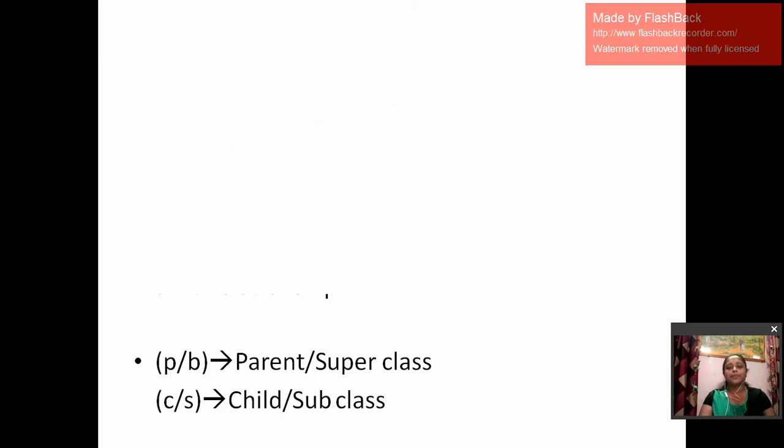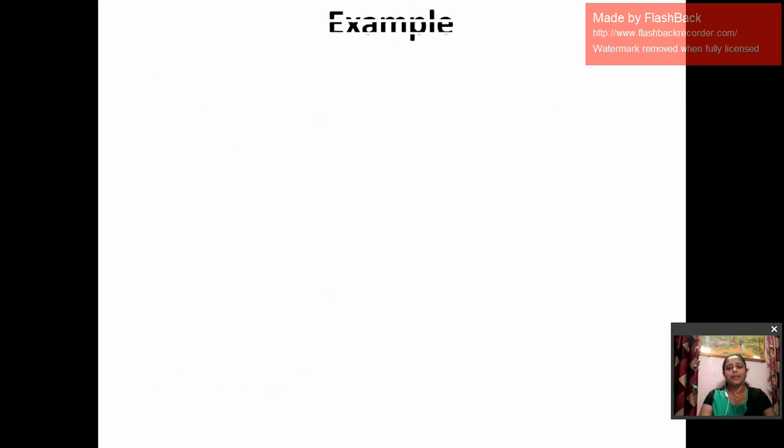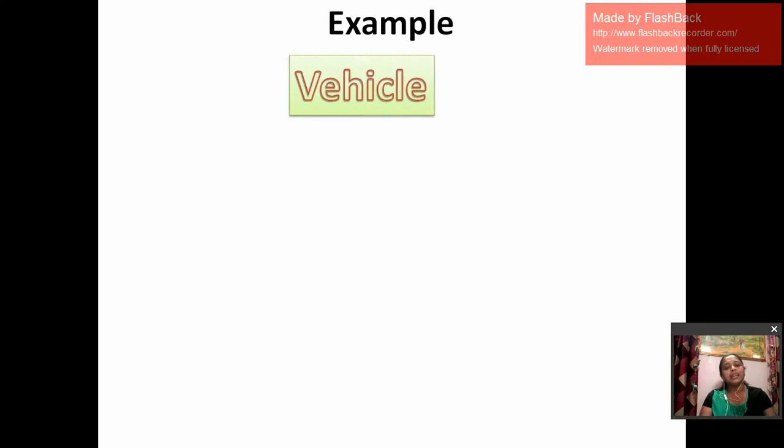Now let's see the example. Here Vehicle is a class. Vehicle means a transport which can move, which has some mode of moving like wheels and so on. Now vehicles can have some properties.